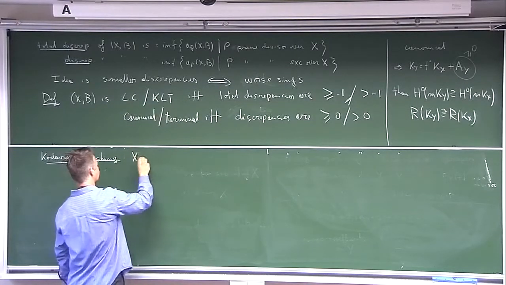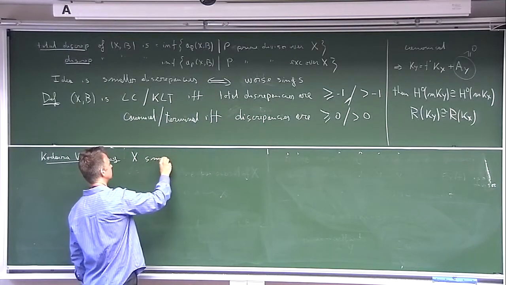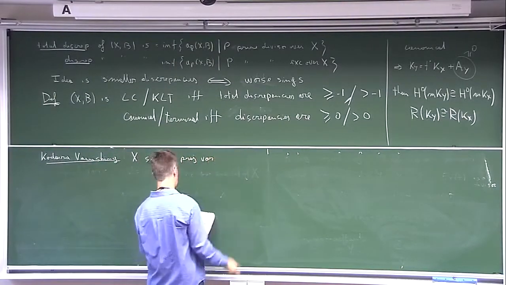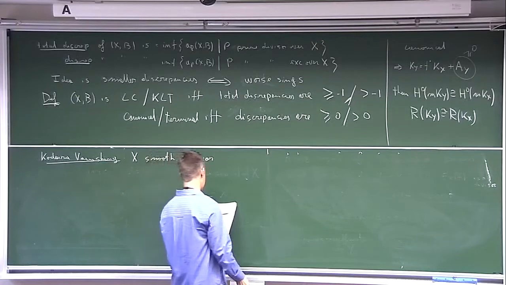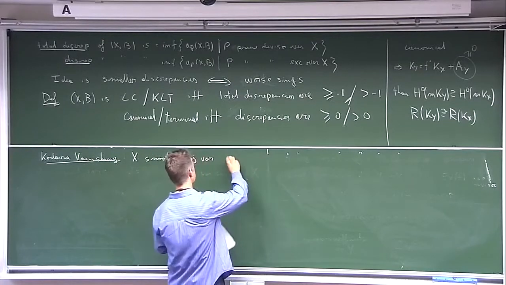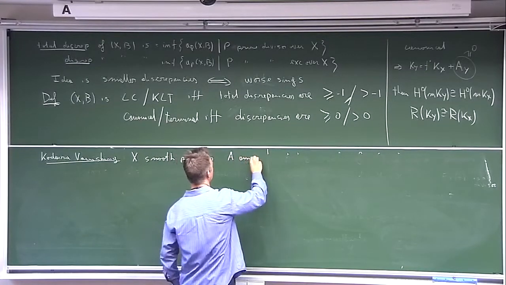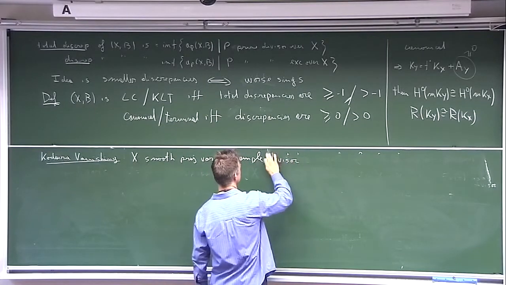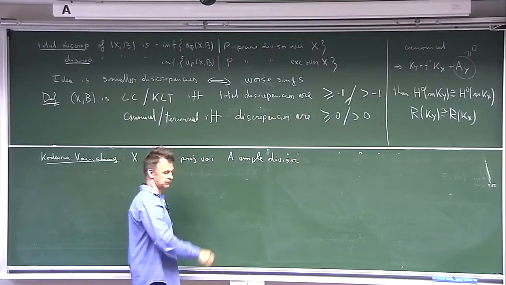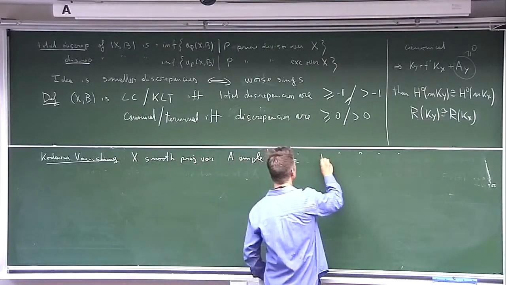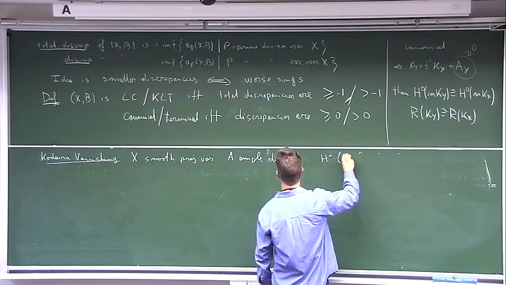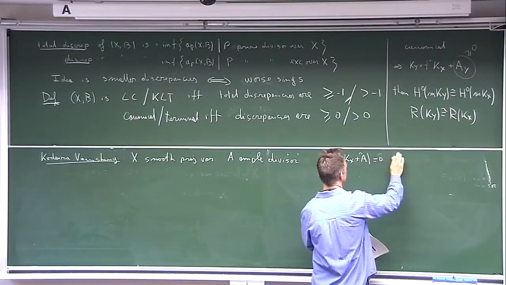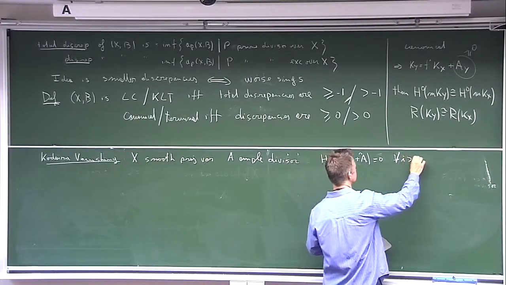Let's say that you have X, some smooth projective variety over the complex numbers, or at least a field of characteristic 0. And let's say that we pick A, an ample divisor. So an honest divisor with integral coefficients, if you prefer, think of it as a line bundle. Then all higher cohomology of K_X plus A always vanishes, for every i greater than 0.